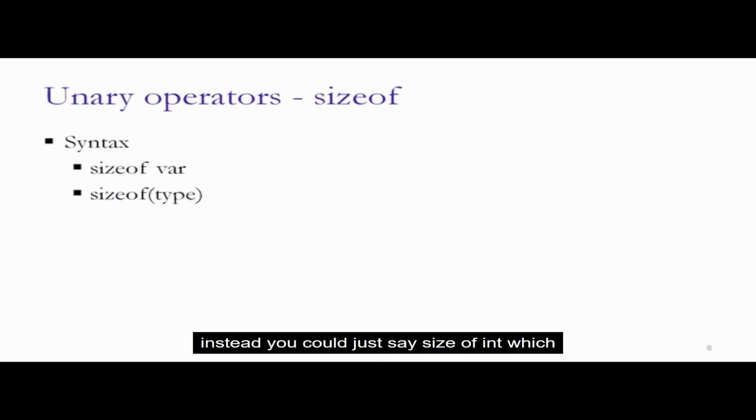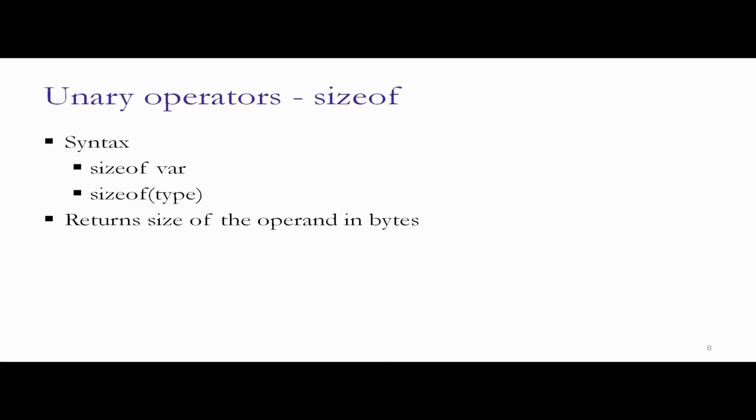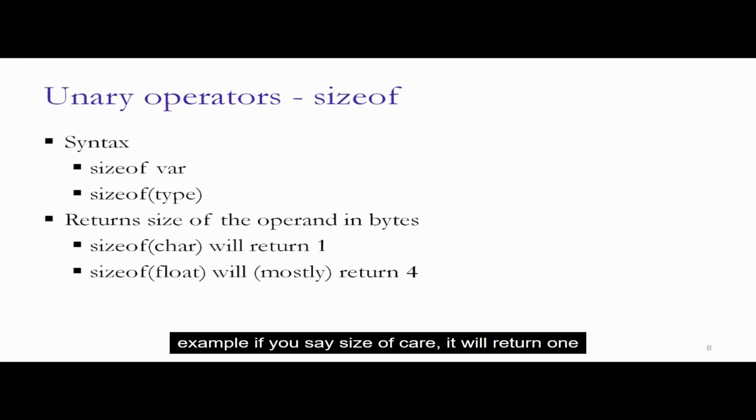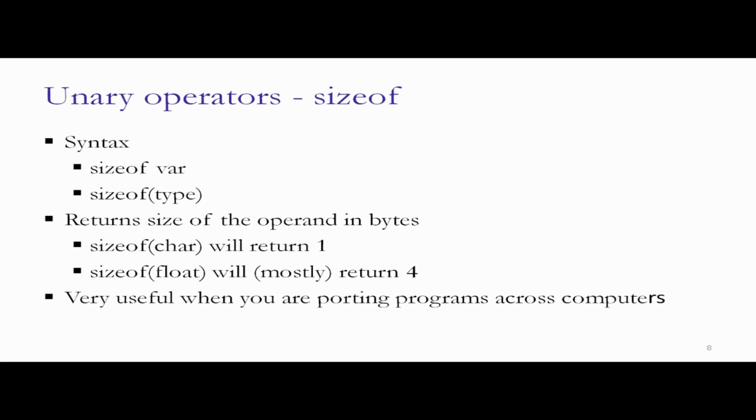Instead, you could just say sizeof int, which would just return to you the size of the operand in bytes. So if, for example, you say sizeof char, it will return 1. Sizeof float will, on most systems, return 4. On some systems, it may return 8.